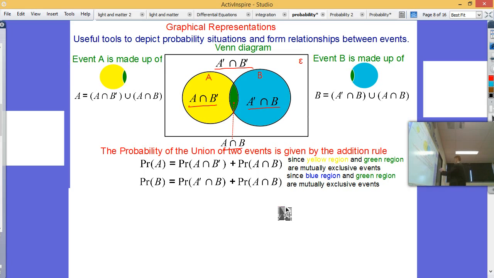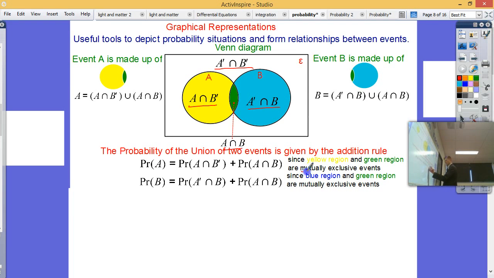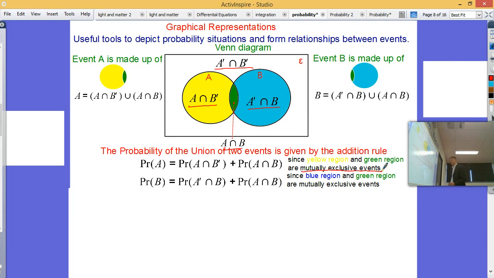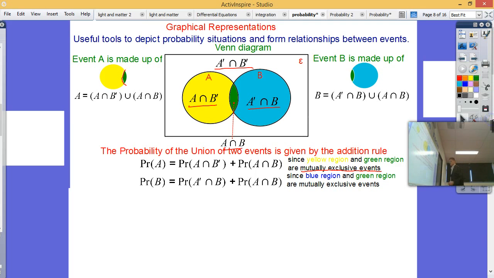Okay, now because we've got mutually exclusive events between the yellow region and the green region, there's no actual overlap between them. They're next to each other, but they're not crossing, so they don't occur at the same time. So the intersection is 0, and that's why we've only got one bit plus the second bit, and we're not subtracting the intersection between the two. The probability of the intersection is 0.